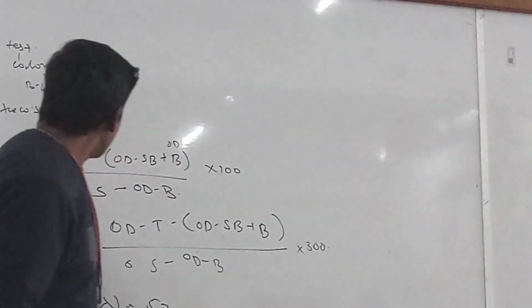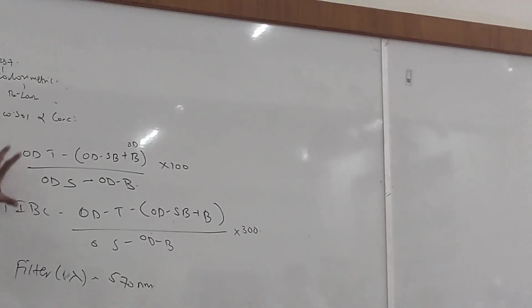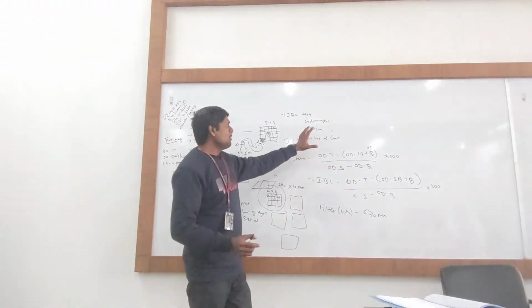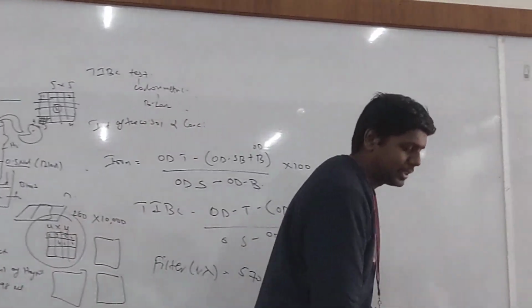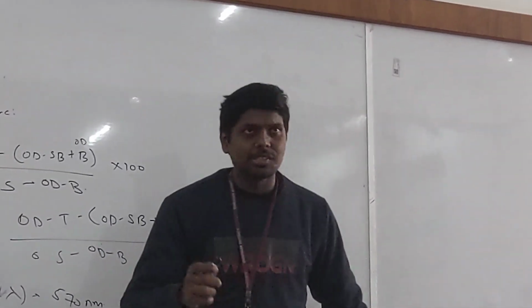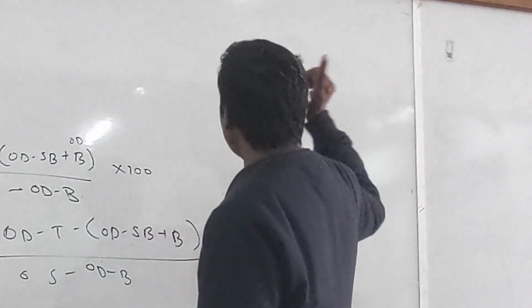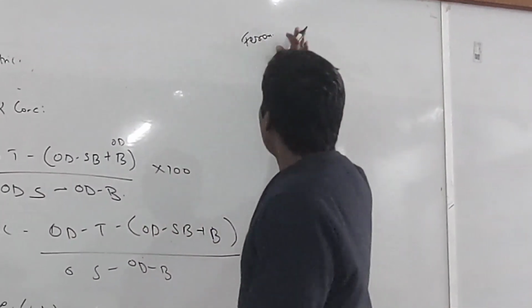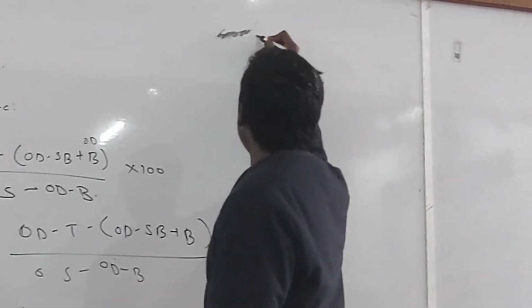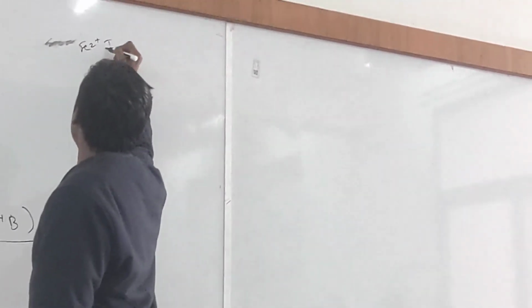Okay, so now you understood the formula. You already know what is Beer-Lambert's law and what is this total iron binding capacity test. So let us see the significance of this test. This test is not for measuring iron. Keep in mind, this is not for measuring iron ions.